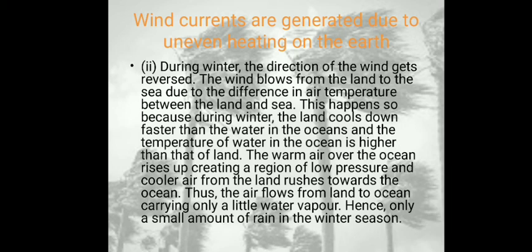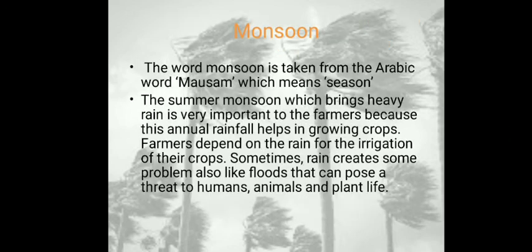So now the air above the oceans is warm and it will rise up, and there will be a low pressure area. So the air from the land will rush towards the sea. Now the air over the land has less water vapor, and therefore the amount of rain in winters is also very less. So these are the reasons for the generation of wind currents.